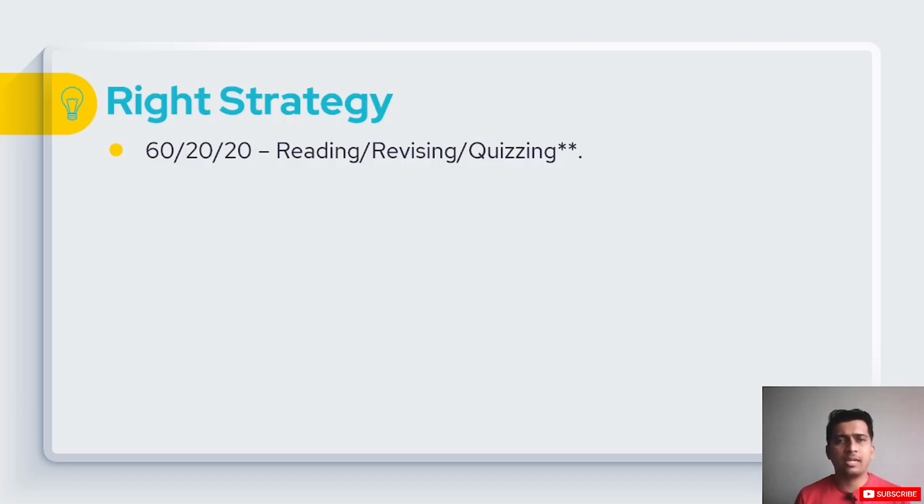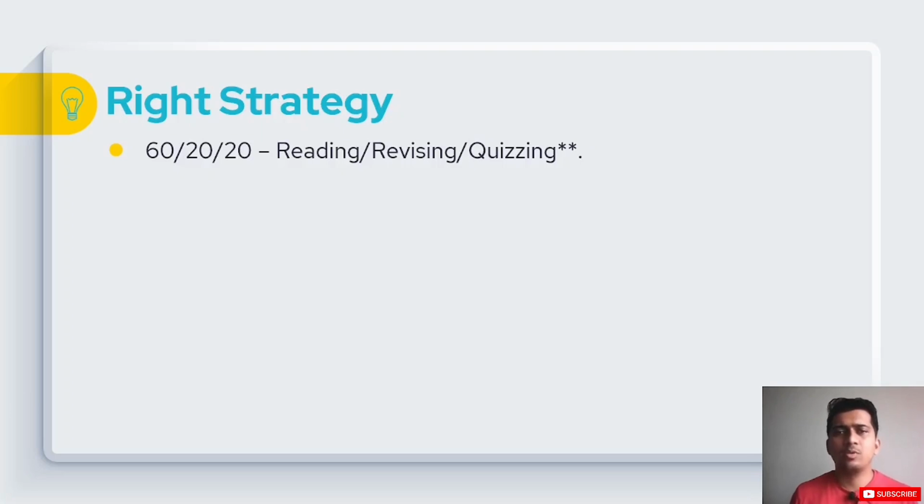So 60% of the time you go through the content, 20% you revise it, and 20% you give quizzes. This distribution is very important. Suppose you spend 100% of your time reading: you go to the exam and don't remember everything because you have not done the revision. On the other hand, if you spend time reading and revising but have not done enough practice quizzes, that is a problem too.